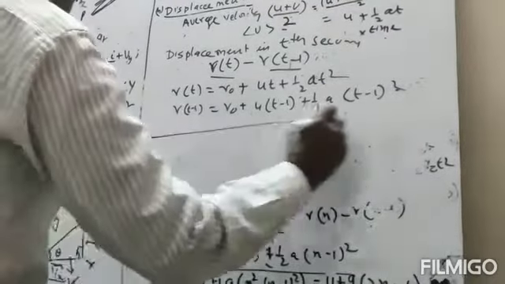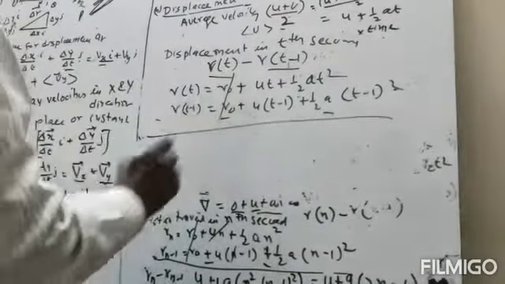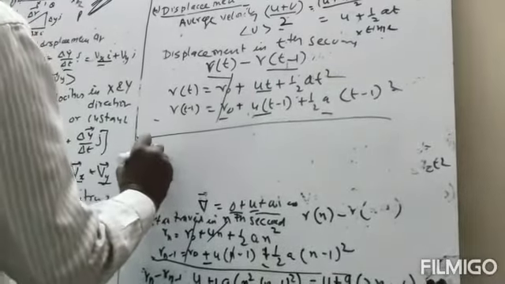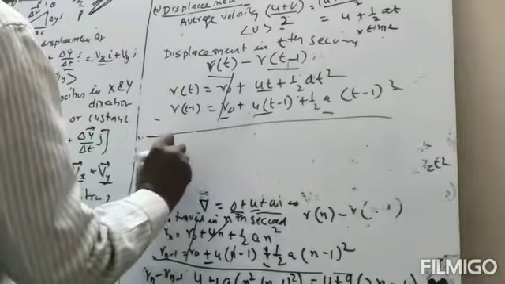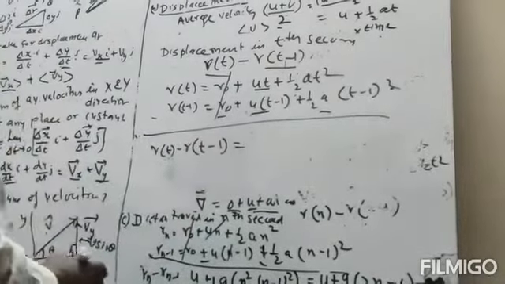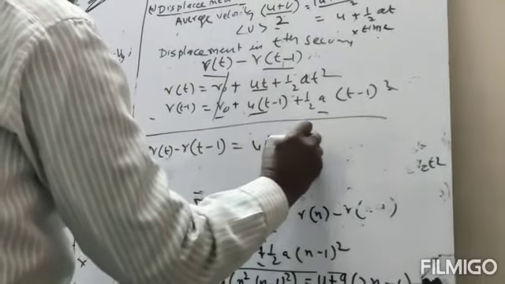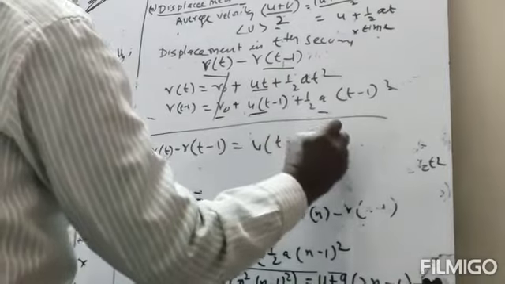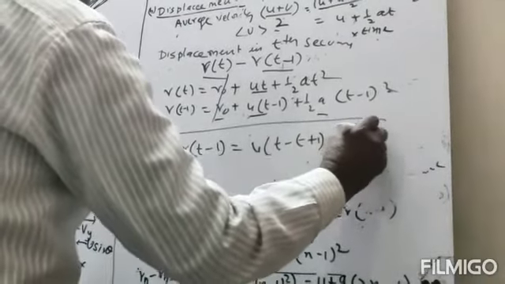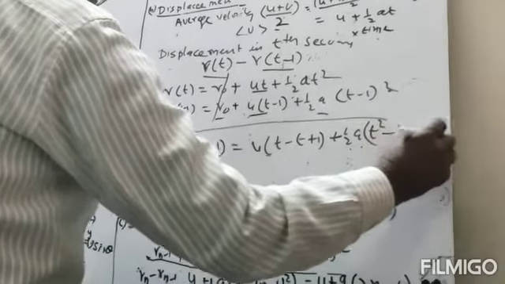We subtract it, and this ut and ut will cancel. So r t minus r t minus 1 will be equal to u, taking it common, (t minus t plus 1), plus 1 by 2 a, taking it common, (t square minus (t minus 1) whole square).